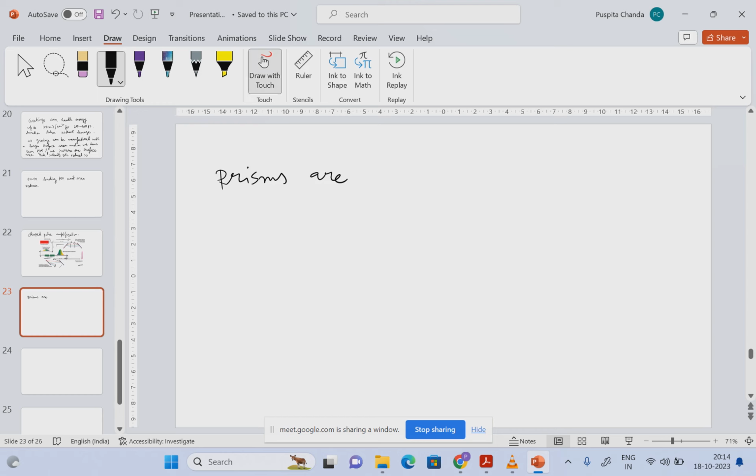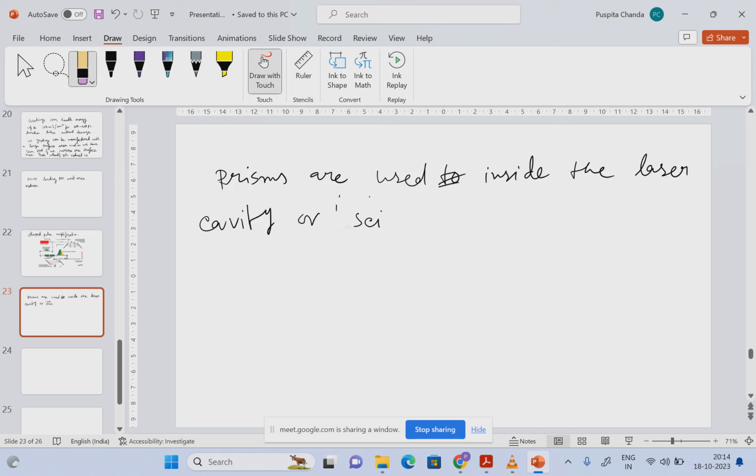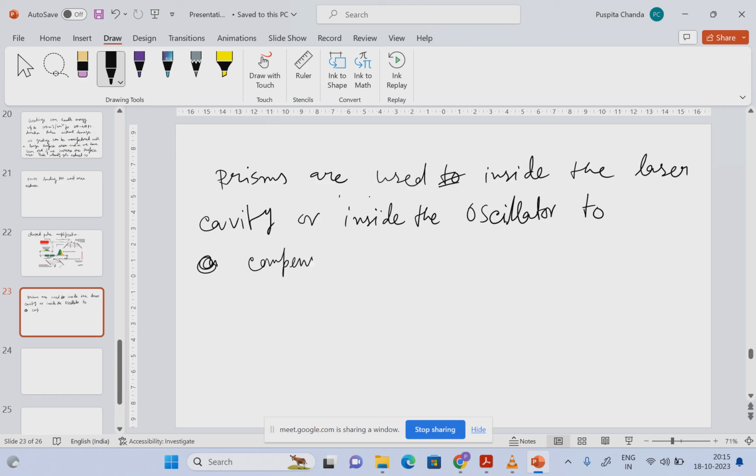Prisms are used inside the laser cavity, or inside the oscillator, to compensate dispersion.